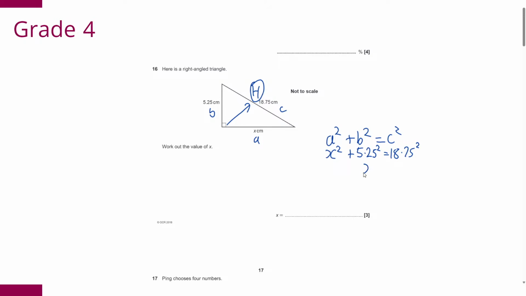So therefore X squared will equal 18.75 squared minus 5.25 squared, and then we can square root both sides, and that will be square root 18.75 squared minus 5.25 squared. Put that all into the calculator, get yourself an answer, and you should get 18. It's a nice answer. Very pleasing answer.